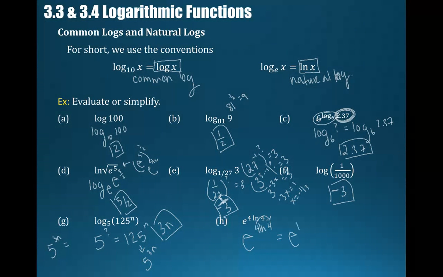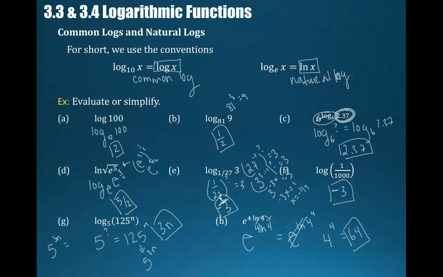So this is the same thing as ln 4 to the power of 4. And then those are really going to just cancel. And I'm going to end up with 4 to the power of 4, which is what, 64? I believe it is. So I end up with 64 there.